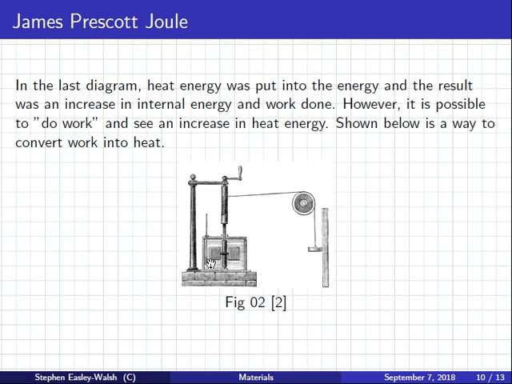This is the opposite to the last picture. You can put heat in, get work out, or you can put work in and get heat out. You can go both ways. And what rule in physics says we can go both ways? Conservation of energy. It's the same rule.